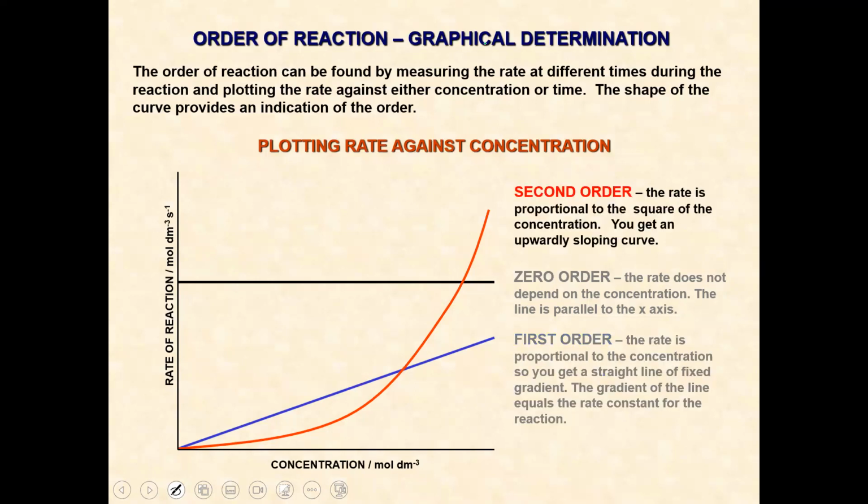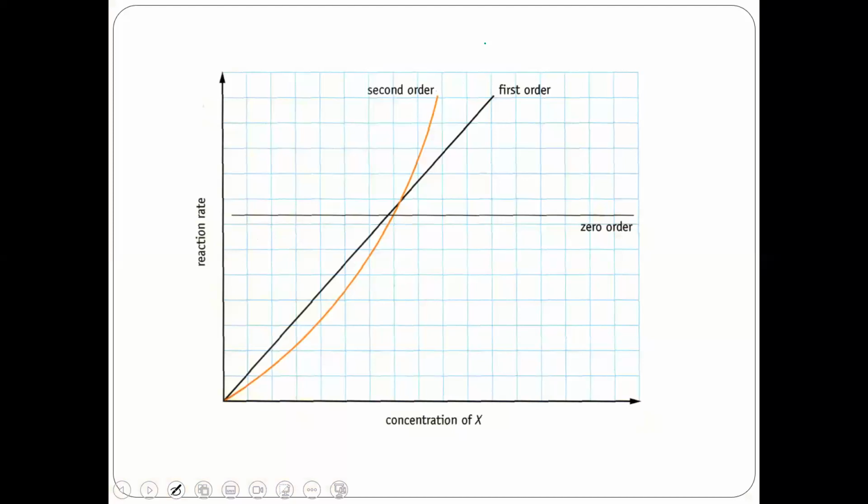And when it is a curve, it is second order because rate is changing with the square of the concentration. So these are the three important curves. You have to copy this screen. Yes.